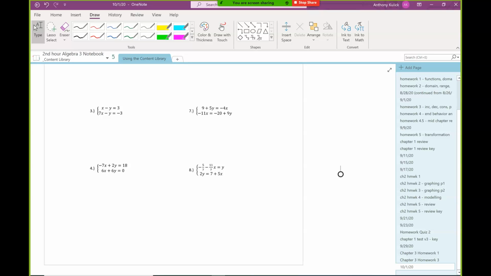Let's see, where is it? I have it in here. The solution for 7 is 181 over 19, comma, negative 171 over 19. And similarly for number 8, this is also a yucky fraction.